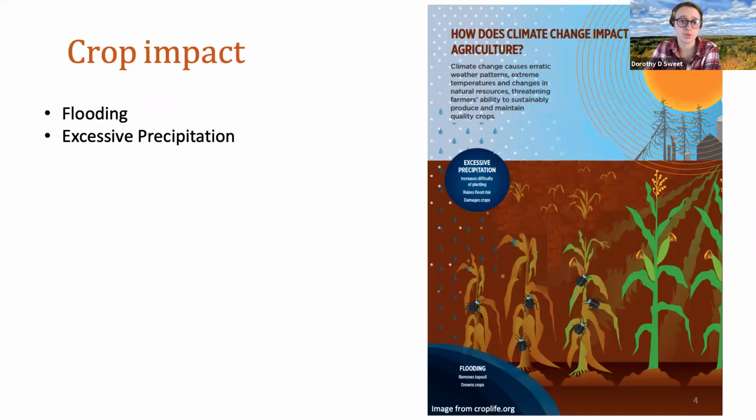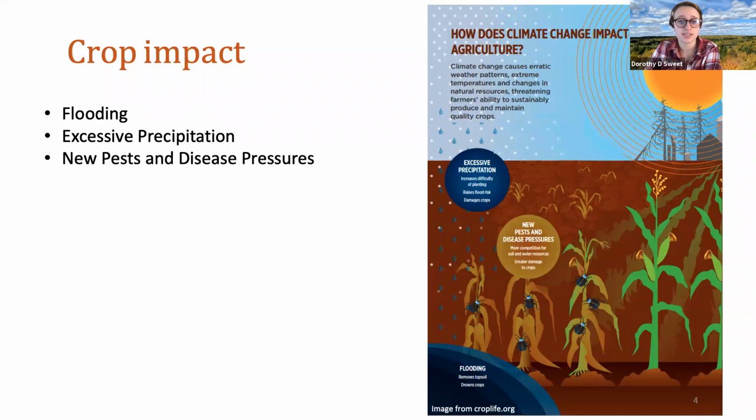The crops that are growing in standing water can suffer from root death or inhibited photosynthesis. Additionally, this excessive water can lead to an increased fungal and disease pressure. Warming climates can also allow existing pests and diseases to survive in new locations that they previously would not have been able to survive in.